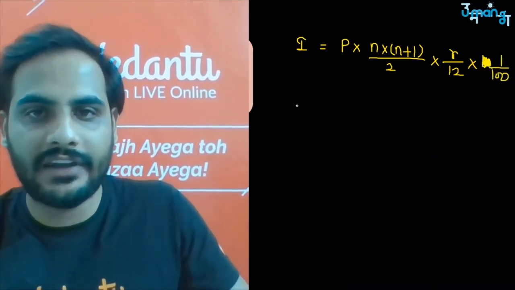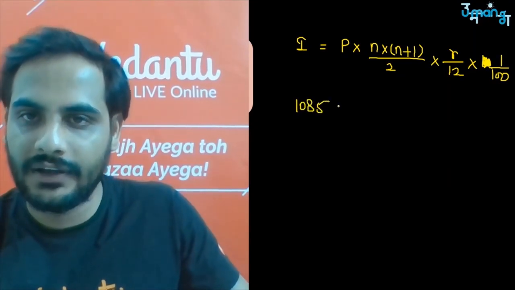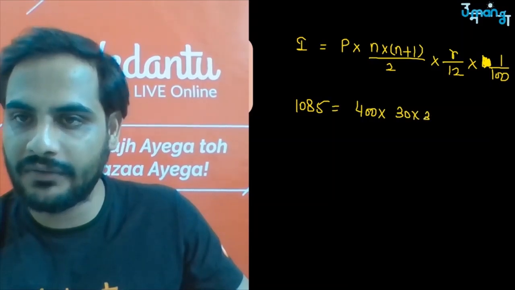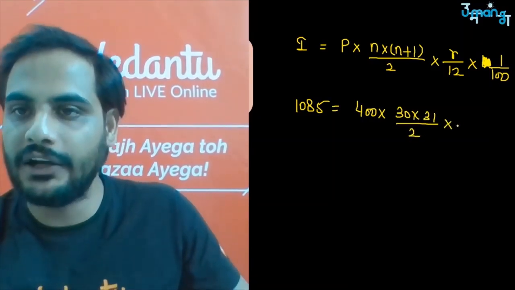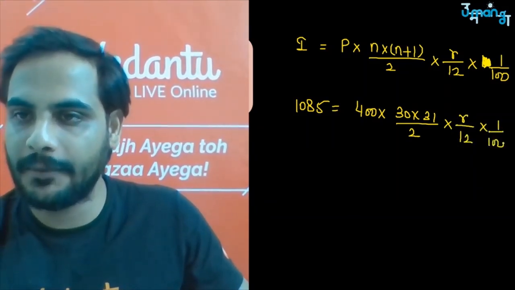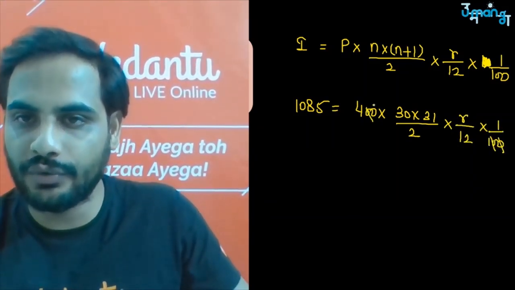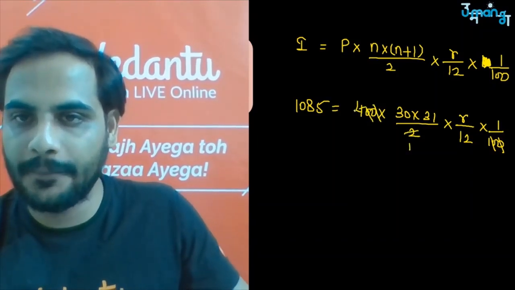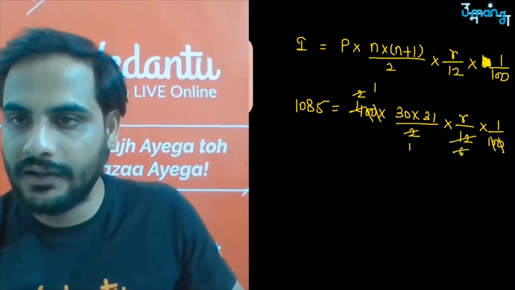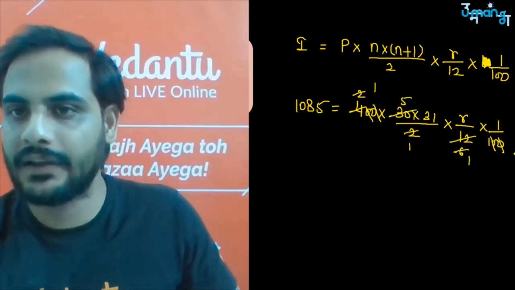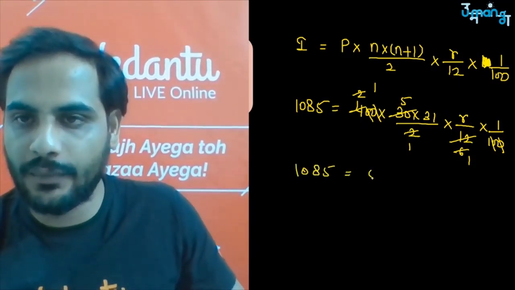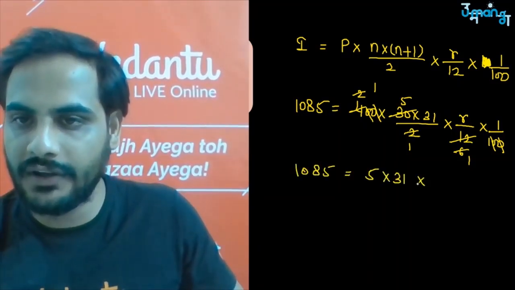So I is given as rupees 1085 is equal to 400 into 30 into n plus 1 is 31 divided by 2 into R, which we need to find out, upon 12 into 1 by 100. Correct? So these two zeros got cancelled. 2 ones are 2, twos are, and 2 sixes are 12, 6 ones are 6, fives are. Correct? So you are left here with 1085 is equal to 5 into 31 into R.